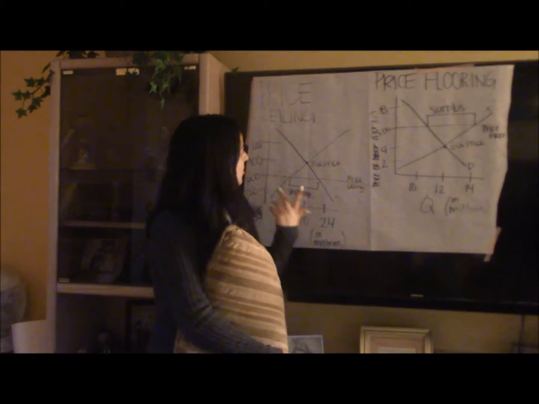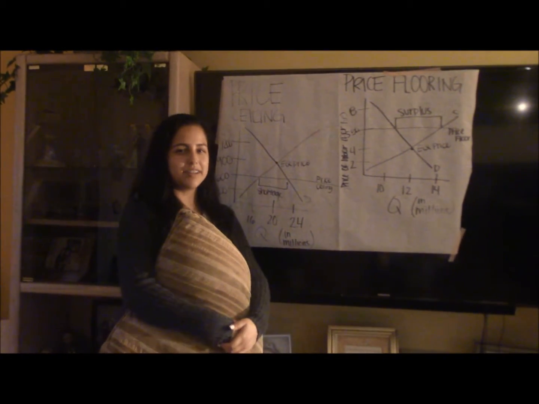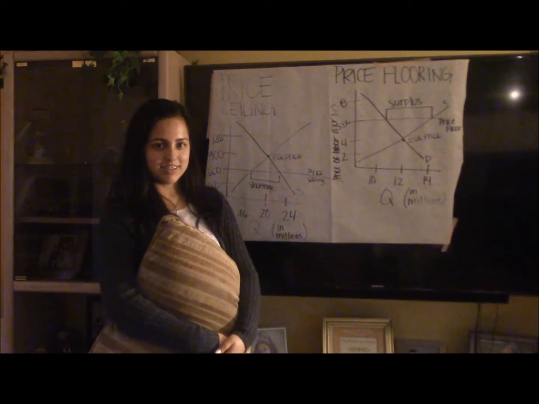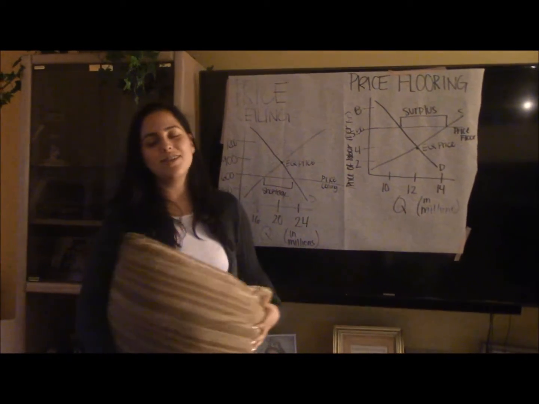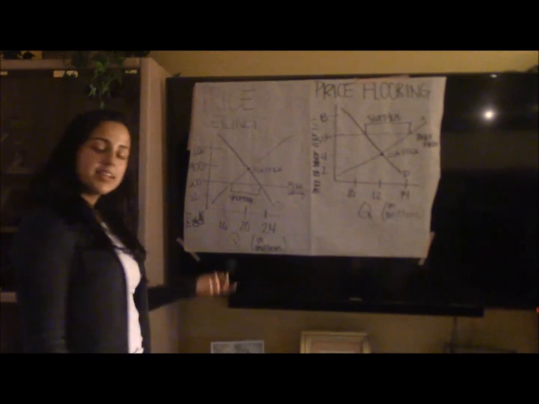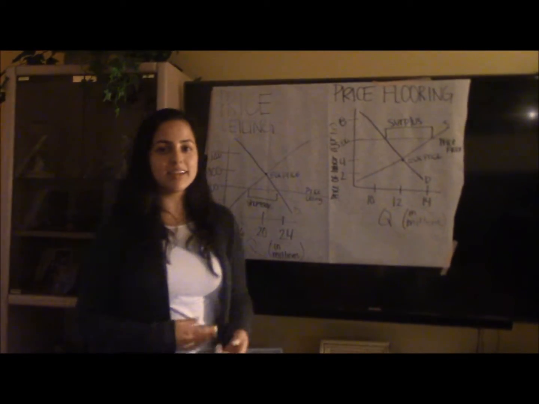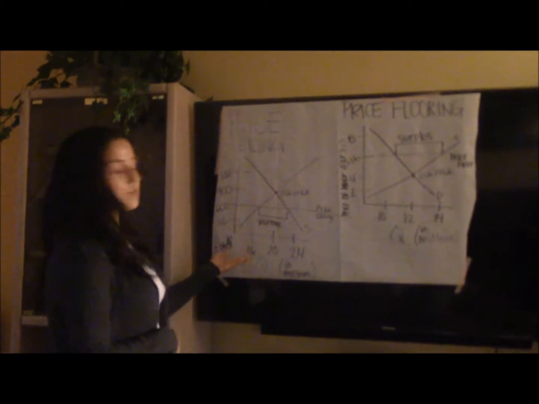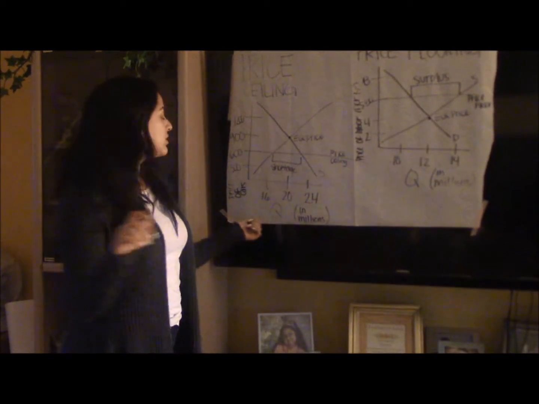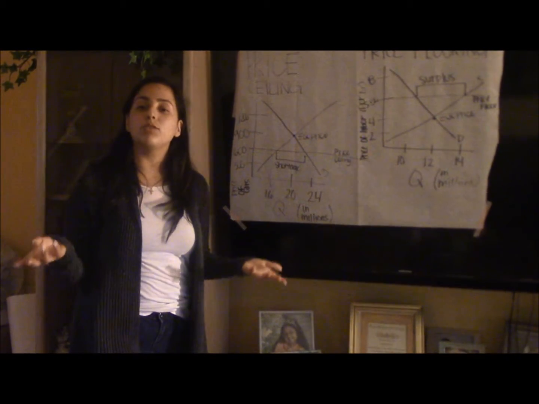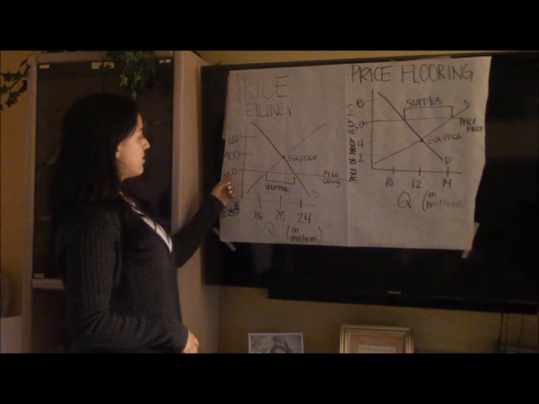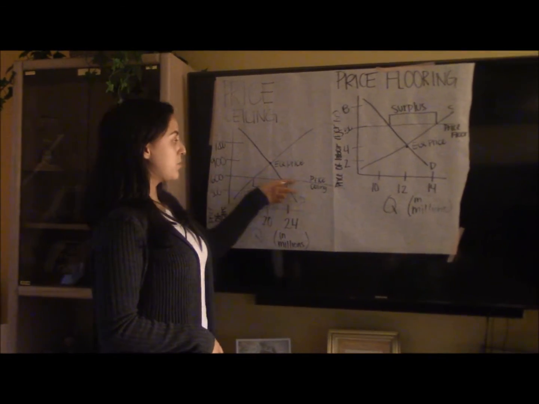So, Carla, do you know what a price ceiling or price flooring is? Parts of a house? No, you goofball. I'm going to tell you what it is. Well, I'm going to start off with price ceiling. For this example, we're just going to use the price of rental cars and the quantity. $600 is the price ceiling for this.